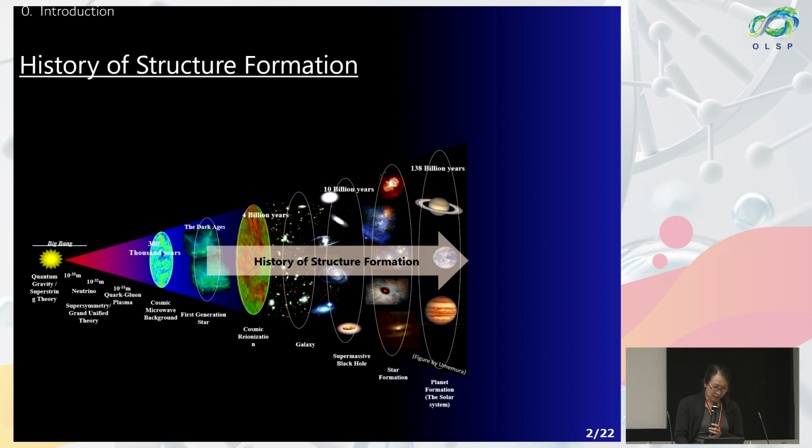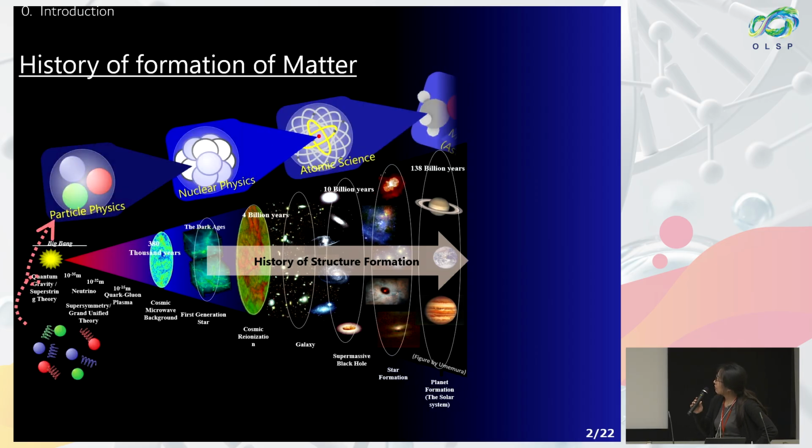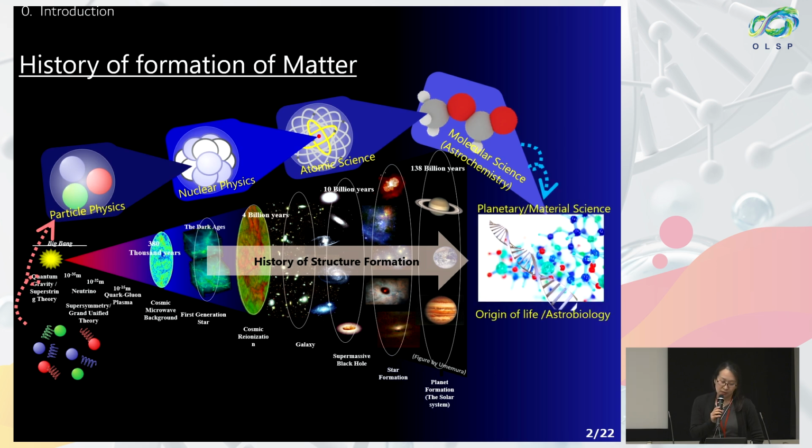In astronomy, we have two types of interests. One is structure formation in the universe, and the other is the evolution of matter. In both cases, we must know what's going on there. That means we need telescopes. Not only with theoretical calculation, we cannot know the universe.